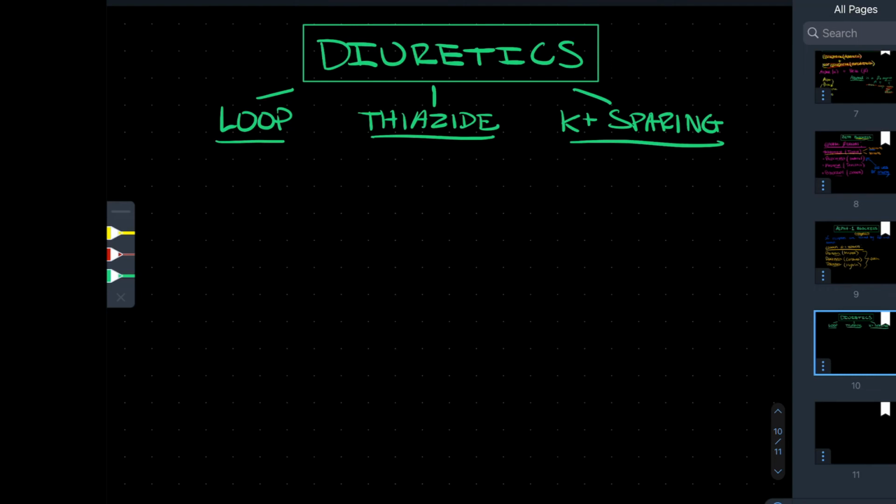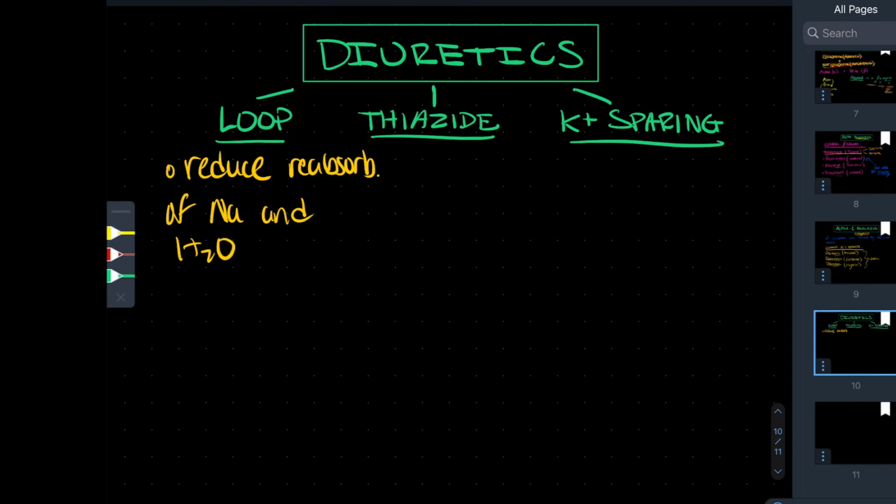So basically, loop diuretics will reduce reabsorption of sodium and water in the nephron.